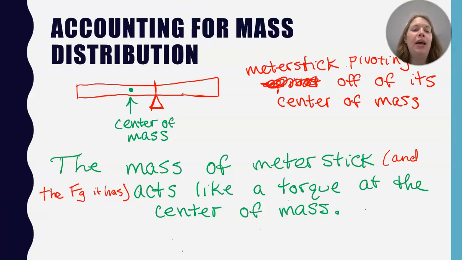So it would be a torque equivalent to the weight of the meter stick, the mass of the meter stick, times little g, multiplied by the distance that the center of mass is from the pivot. So that helps us do a few more complex torque problems.